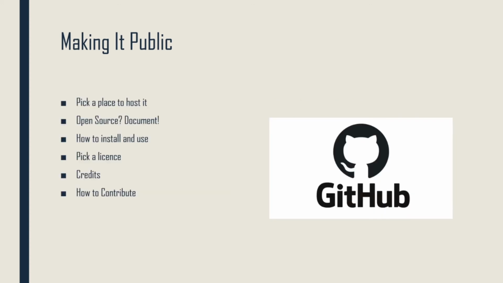So you've decided to go public with it. Make sure to pick a place to host it. So Bitbucket, GitHub, NPM, marketplaces, etc. Pick a place where your intended users are to find it. And if you make it open source, make sure to document everything. You would be surprised that you don't just need to document the API people will publicly use.